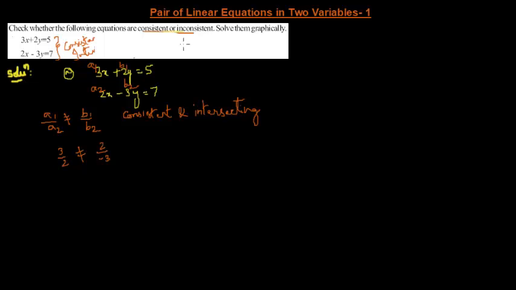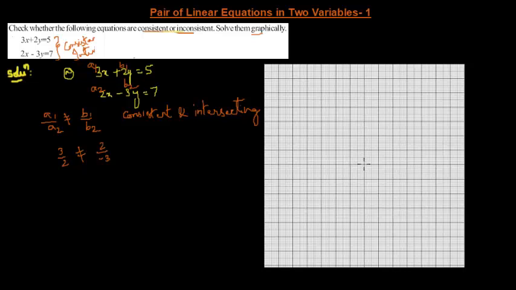Now, solve them graphically. That means we have to draw a graph and find the solution of this set of linear equations. Now, let us take this point as origin O with coordinates 0, 0.